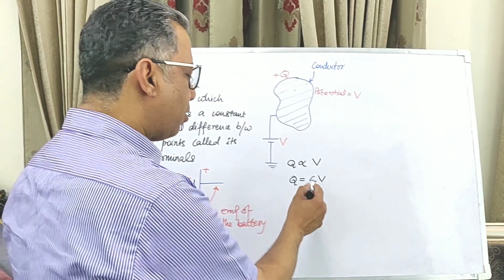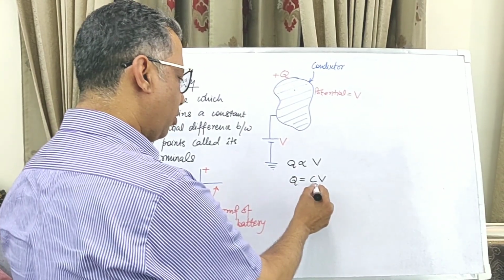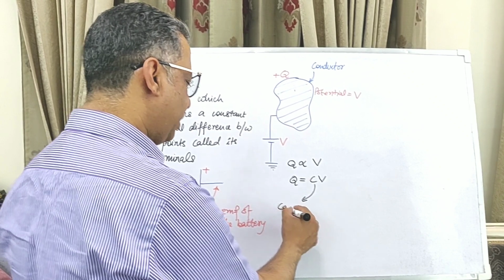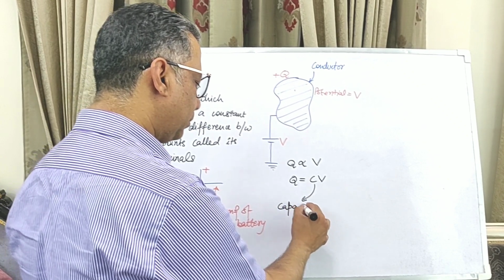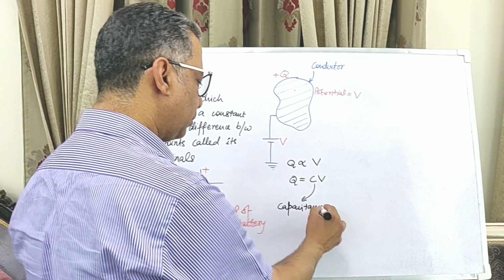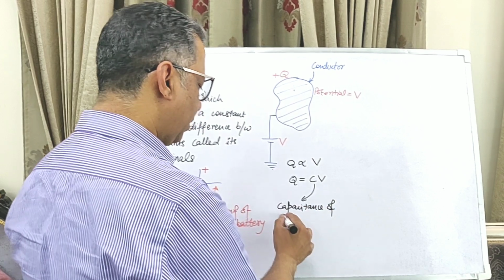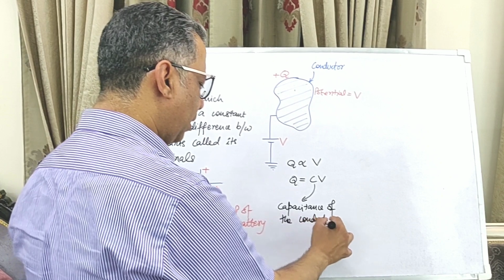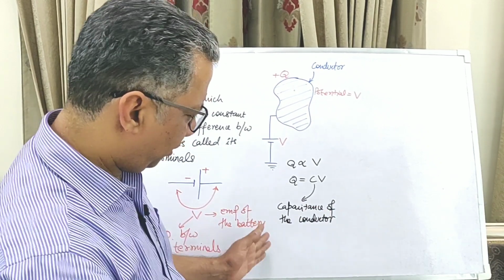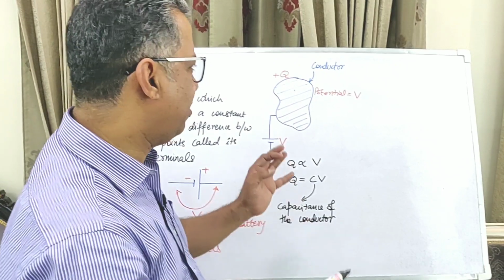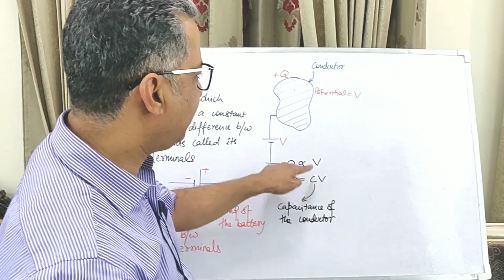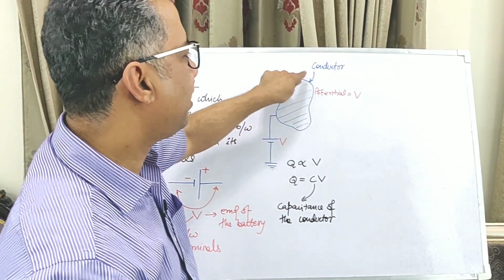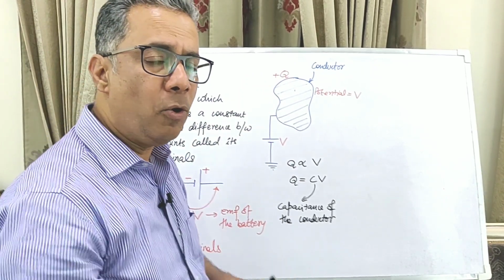Now, this constant C is called the capacitance of the conductor. The statement here seems to indicate that this C is the capacitance of this single conductor alone.